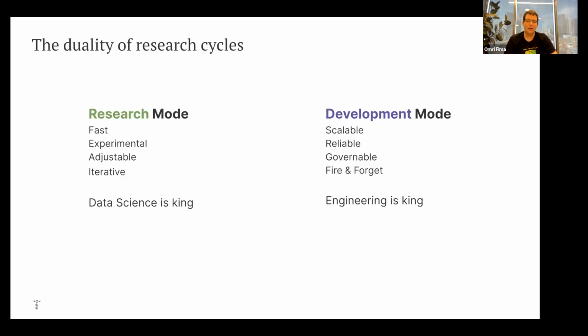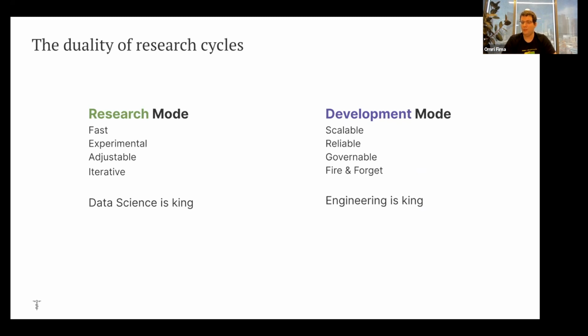And that brought us to some understanding regarding the duality of research cycles. When we are talking about machine learning processes, we're actually talking about 2 different modes that we're working in. One is the research mode, when we need to be fast, experimental, adjustable and iterative, and where the data scientist is the king.